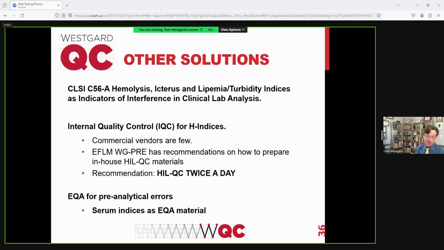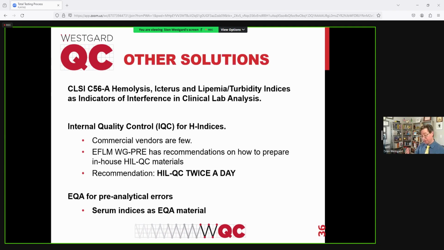The pre-analytical work group of the EFLM has said, if you can't buy them, here's how to prepare them. Here's the recipe. Build your own serum indices QC material, and they think you should run it twice a day. So more often than your analytical controls, they want you running controls that could detect icterus, lipemia, and hemolysis.